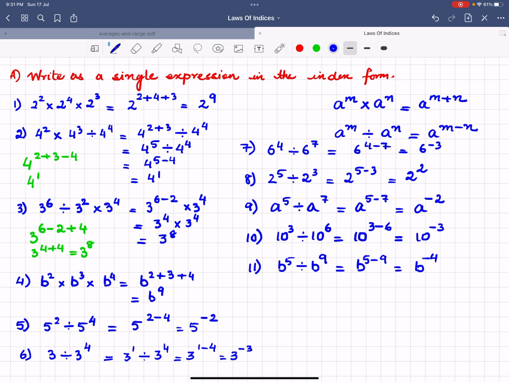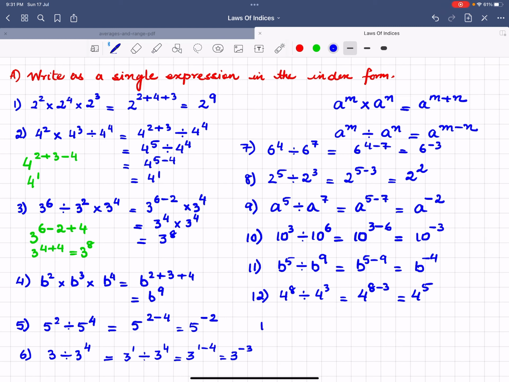Moving on. Question number 12. 4 to the power of 8 divided by 4 to the power of 3. So bases are divided, powers will be subtracted. 8 minus 3. The answer is 4 to the power of 5.